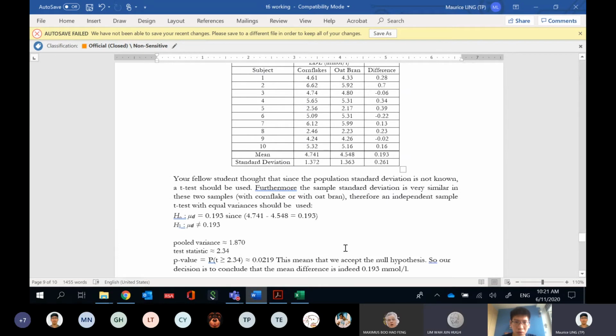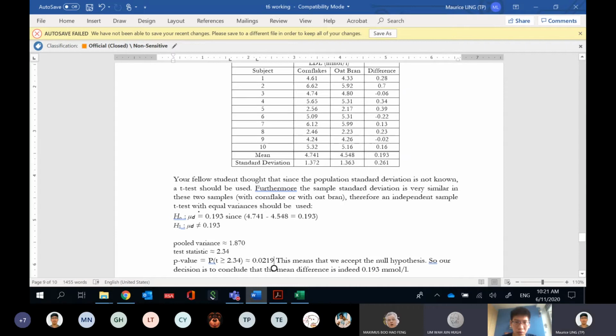I'm not very certain, but I think it's something to do with the hypothesis itself. Okay, the hypothesis itself. So what should the hypothesis be? It's based on the mean. So what should the null hypothesis be in this case?